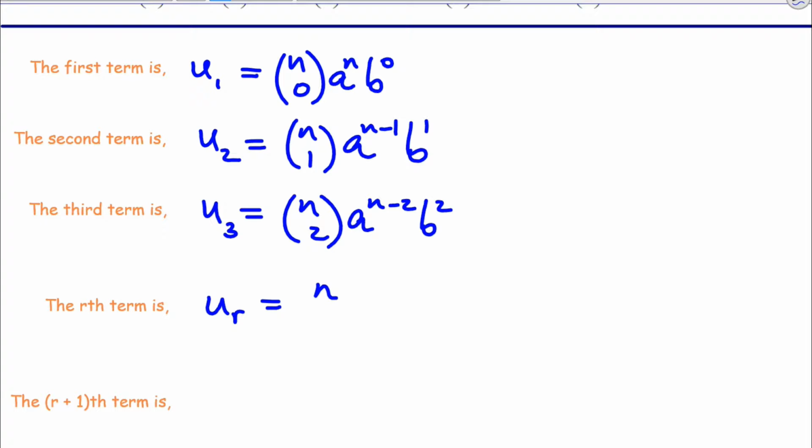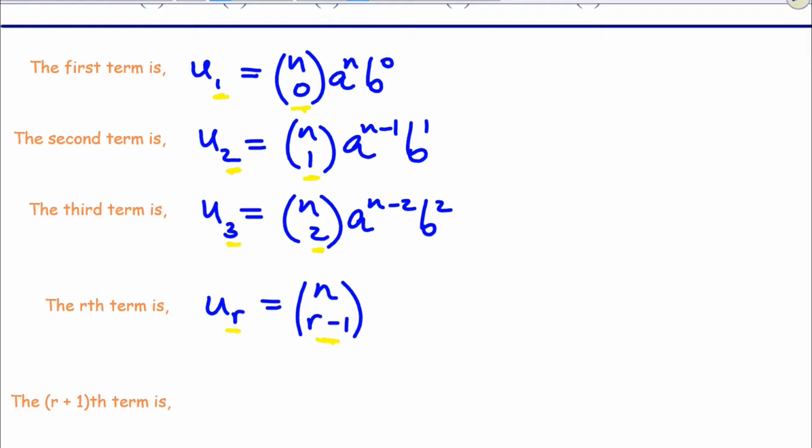And the rth term, u_r, will be equal to nC... Now you can see that whatever comes below n is 1 less than the u subscript, right? So for u_r it will be r minus 1. If you notice the pattern, 2 and 3, 1 and 2, 0 and 1, so r minus 1.